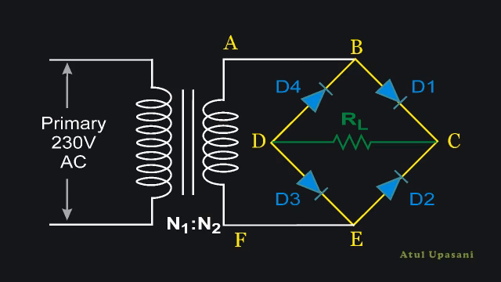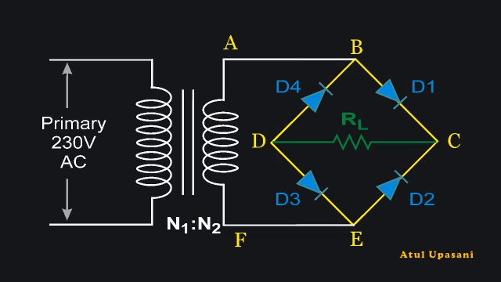Here in the diagram you can see it uses a normal transformer with one primary and one secondary. This type of rectifier uses 4 diodes, and these diodes are connected in the form of a bridge as shown in the diagram. You might have studied the Wheatstone bridge, meter bridge in the syllabus of physics. In the same way, this bridge is constructed using diodes.